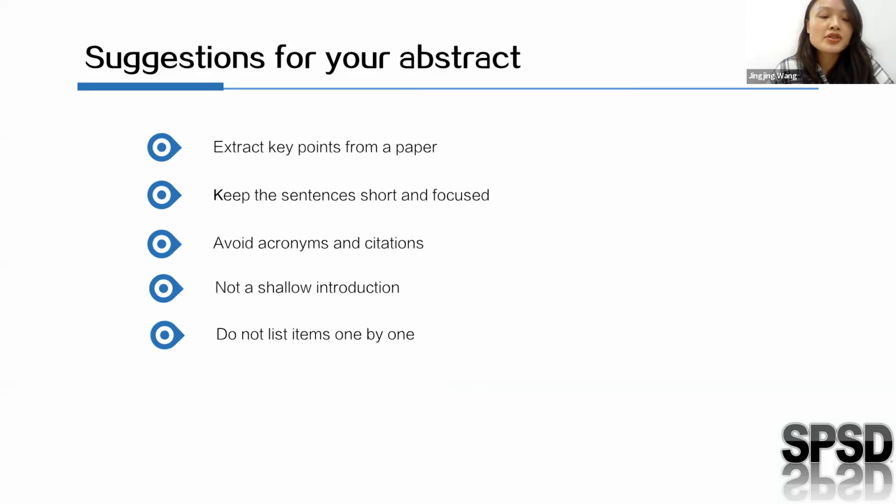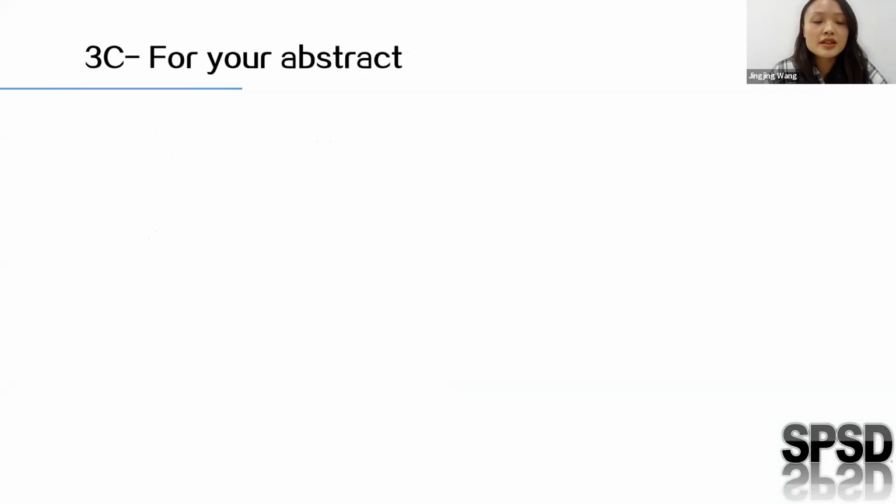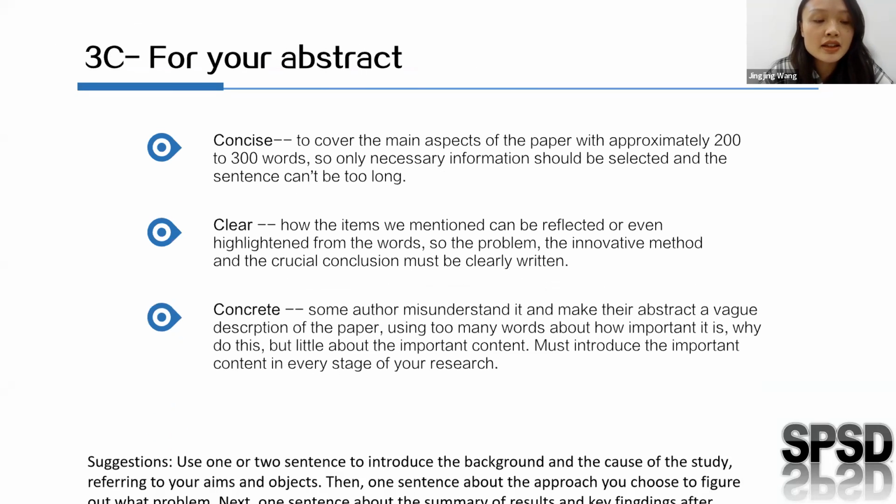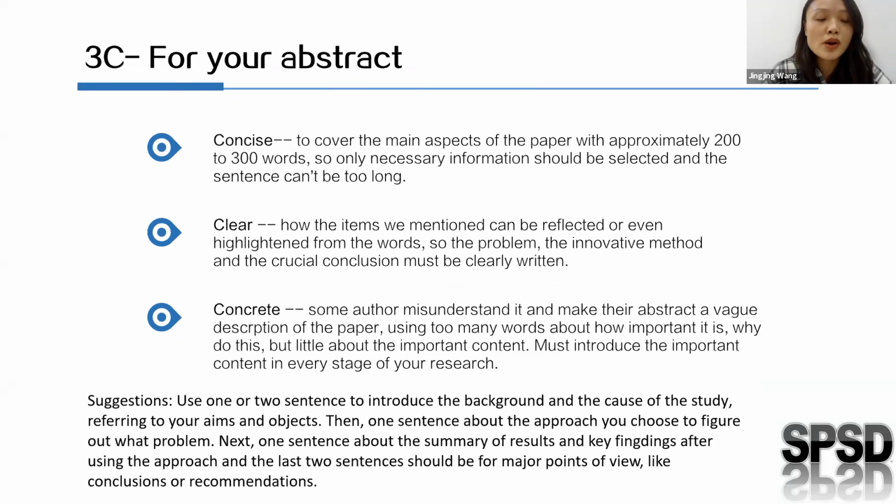Not a shallow introduction, of course, and you cannot list items one by one, like the aim is, the method is, the conclusions are. So a good abstract should highlight the innovation of the research while presenting things clearly.